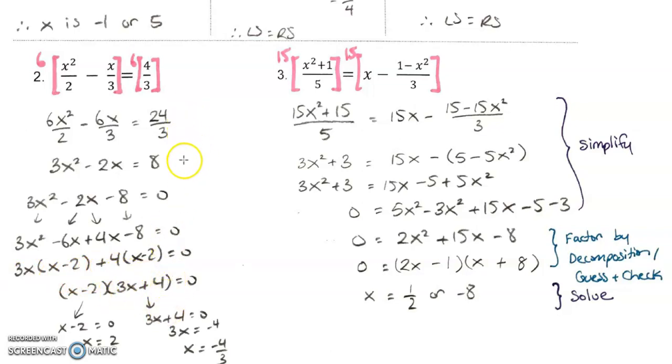So this portion is simplifying, then you're factoring, and this last portion is solving, where you're actually going to just tell me what the opposites are in each of the brackets. So x equals 2. And then if you can't find the opposite in this bracket, you just set it equal to 0 and do it the long way. Bring the 4 over, -4, which is the opposite of +4.